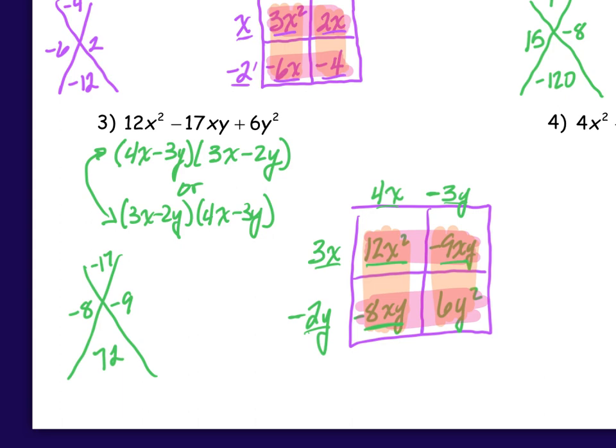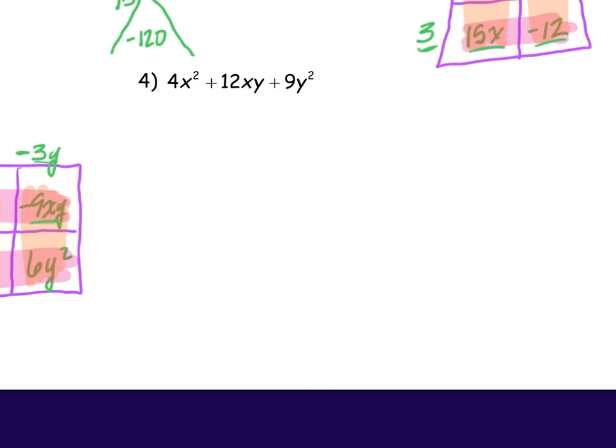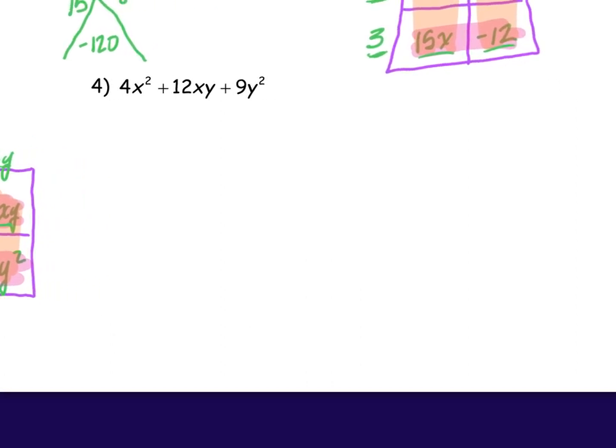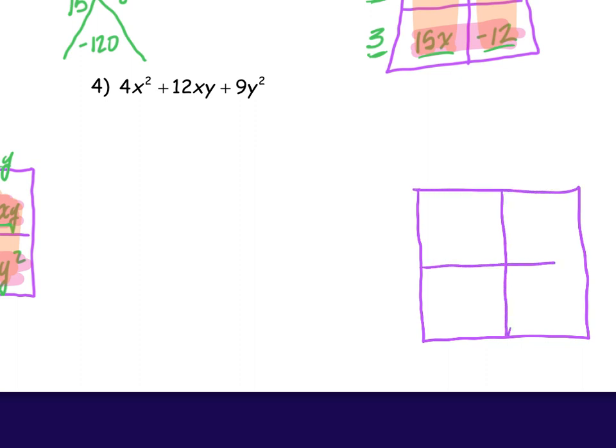Okay, let's go ahead and go to the last one here. I'm going to do the same thing. So, okay, what goes in the upper right corner? 4x squared, good. And what goes on the bottom left-hand side?